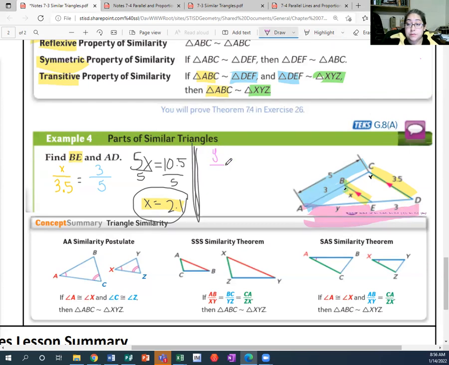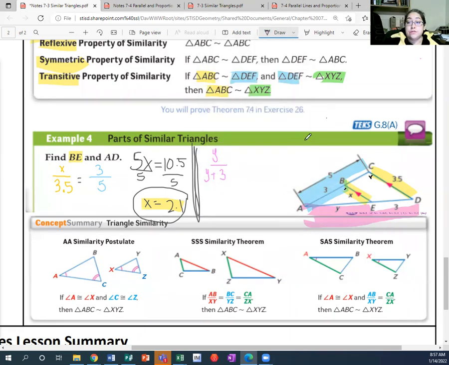I'm going to put that in the top of the fraction. And now I need to do AD. I don't have a length for AD, but I know that it's whatever I get for AE plus this piece over here on ED. So that's y plus 3. That's going in my denominator.